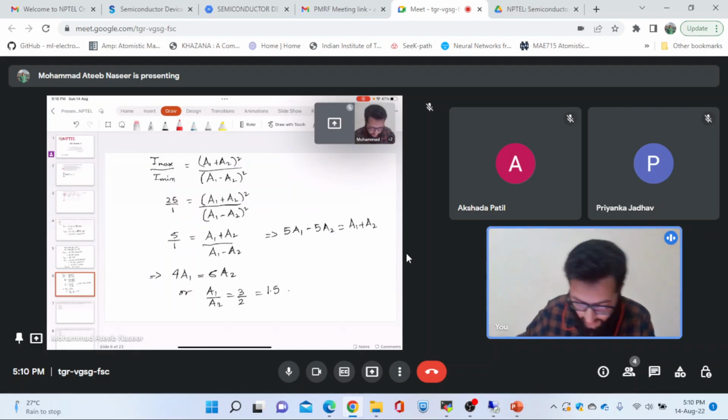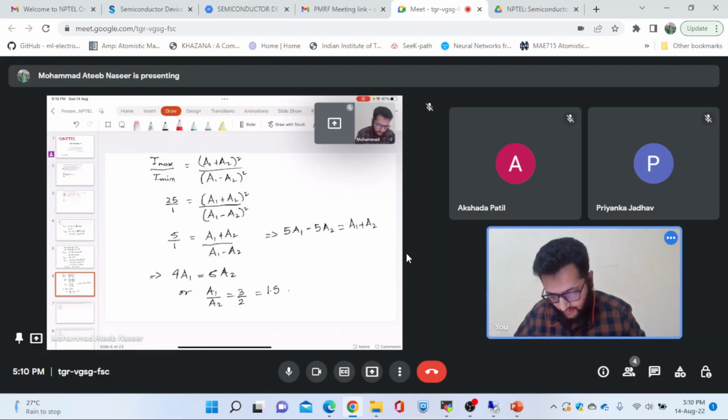Now we have seen this third problem as well. We have solved it numerically.